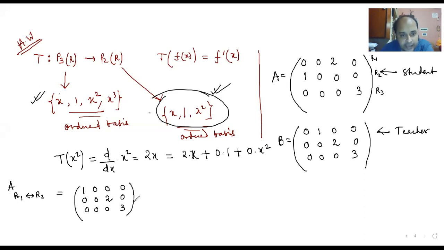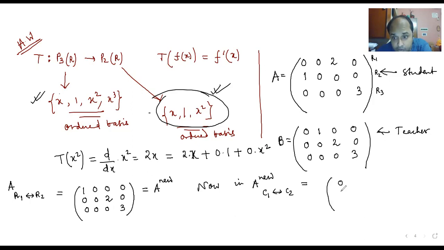Suppose this is my A new. Now in A new, if I interchange C1 and C2, column 1 and column 2, we get 0 0 0, 1 0 0 0 2 0 0 0 3, which is my matrix B.